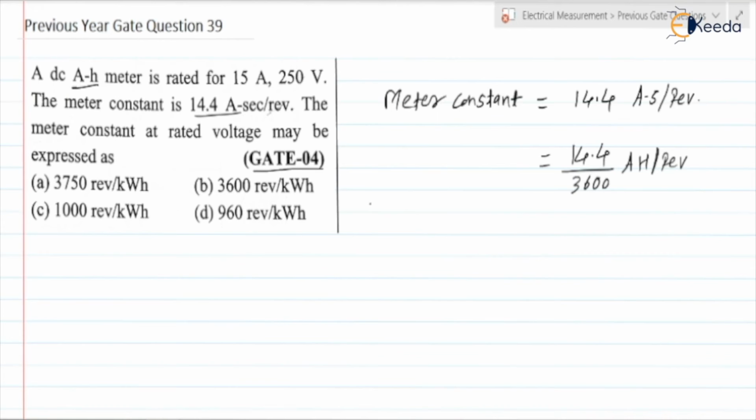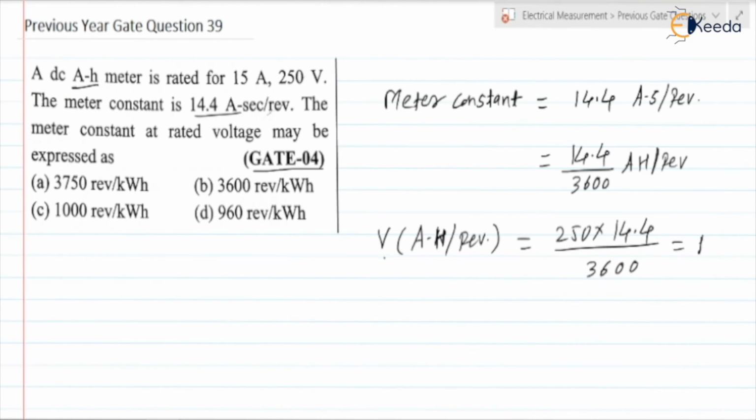And from this we can write V into ampere hour per revolution is equal to, what is V, voltage 250, into ampere hour per revolution, 14.4 divided by 3600. If you check, it is equal to 1. So it is like V into A into hour per revolution, voltage into current, so it is the power.